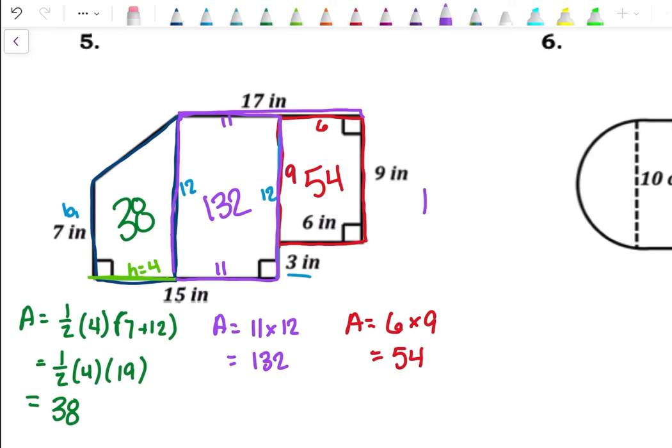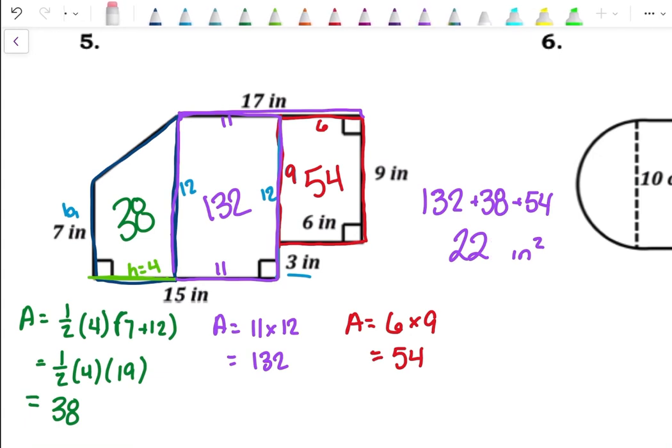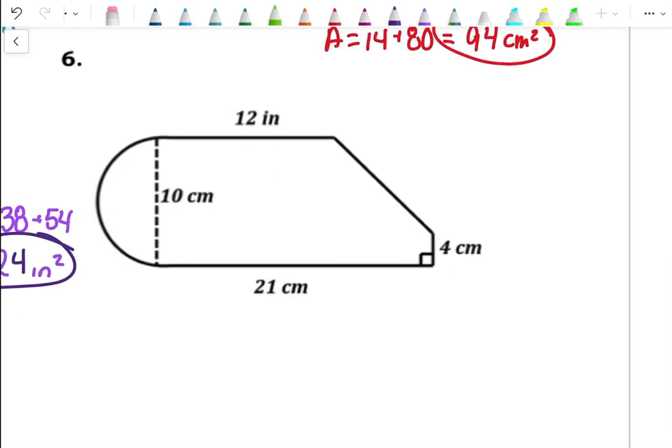So let's do that. 132 plus 38 plus 54. And I get 225 inches squared. Oh, 224, sorry. 224.